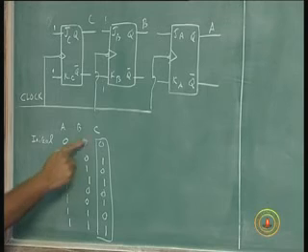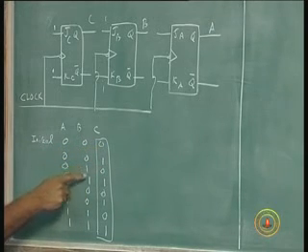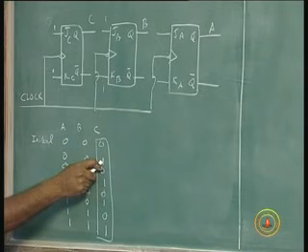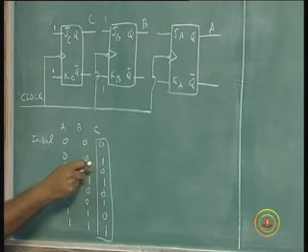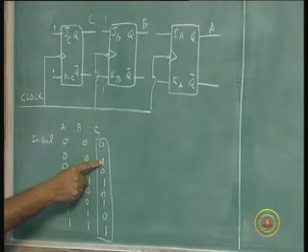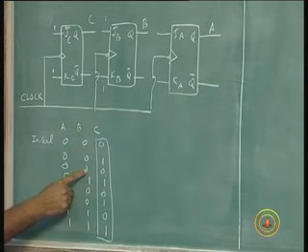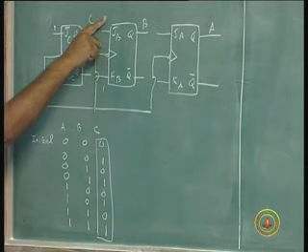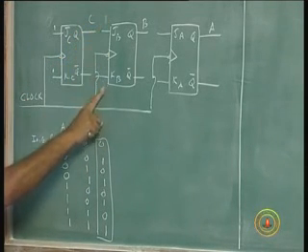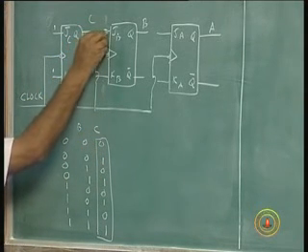I want 0 0 0 1 1 0 1 1. So instead of doing this, I can use this information: when C is 1, at the next clock pulse, B has to become 1. So instead of tying this J and K unconditionally to 1 1, we will connect it like this.